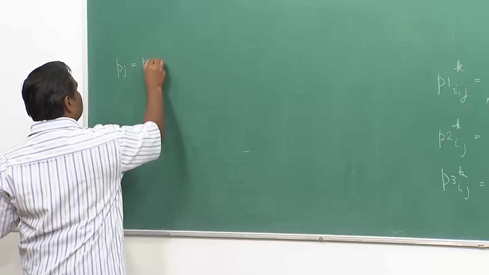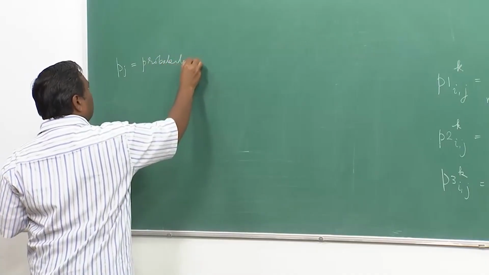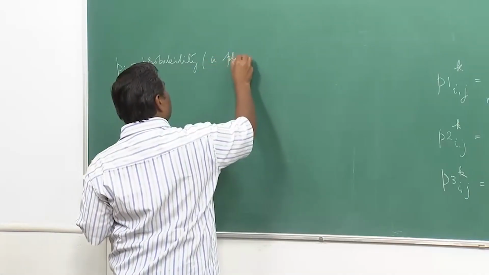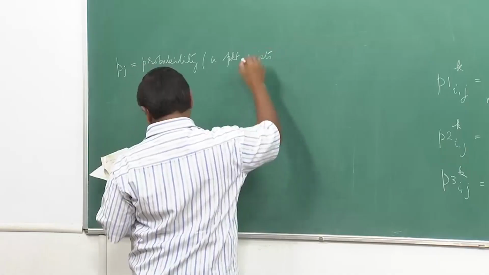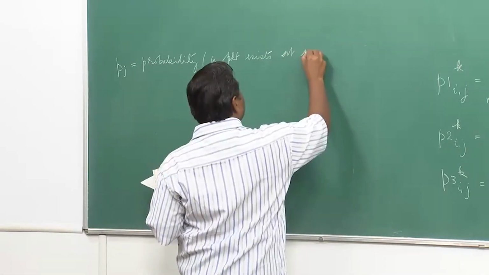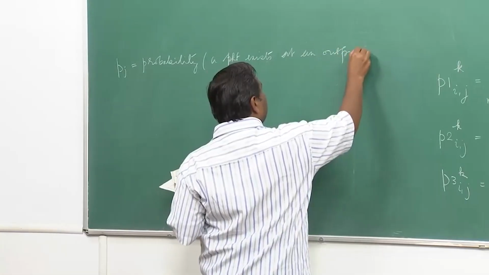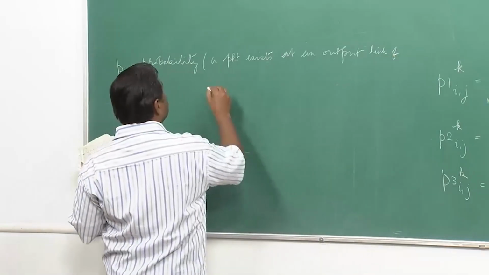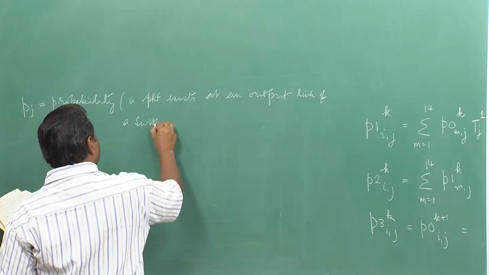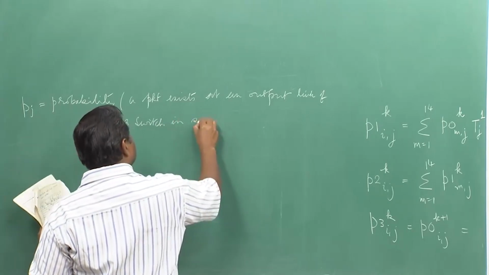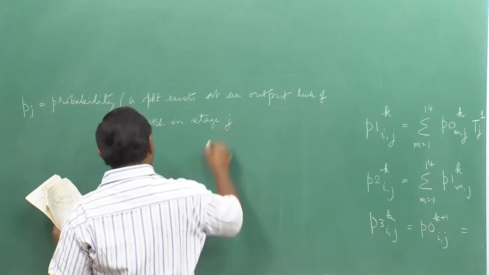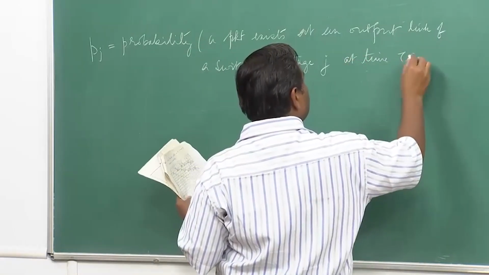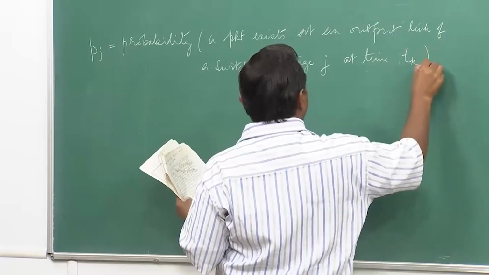So, this is the probability that a packet exists at an output link of a switch in stage j at time T k, that is when the interval will start.